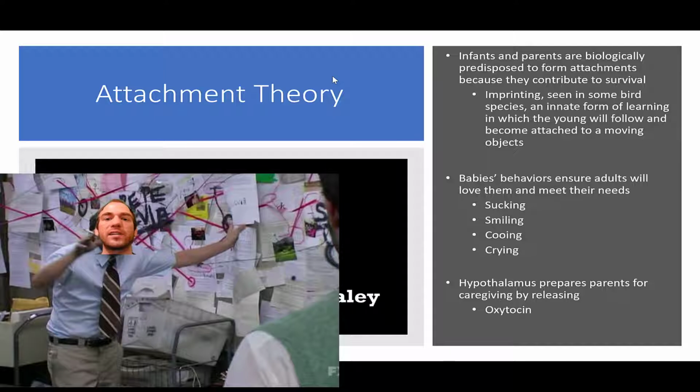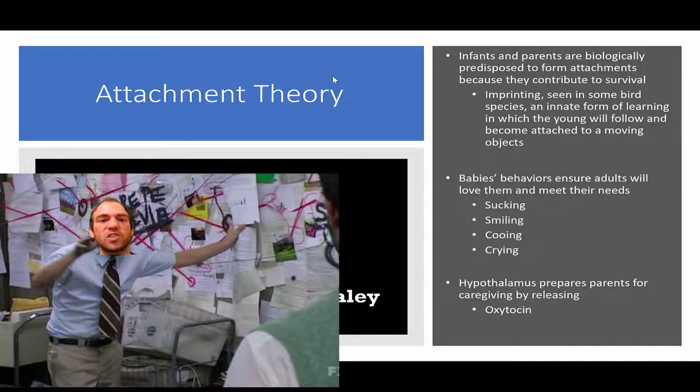And then the idea here is that babies' behaviors also contribute to that attachment between parents or caregiver and the child through cooing, smiling, crying, etc. And also at a biological level, the hypothalamus of parents releases oxytocin, which are like these emotional intensifiers, which will increase the likelihood of that emotional connection forming between parents and their children.